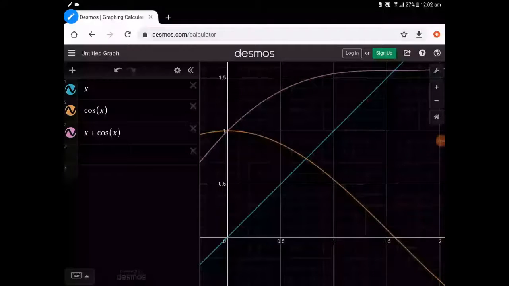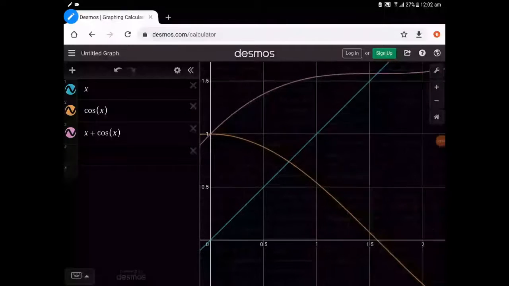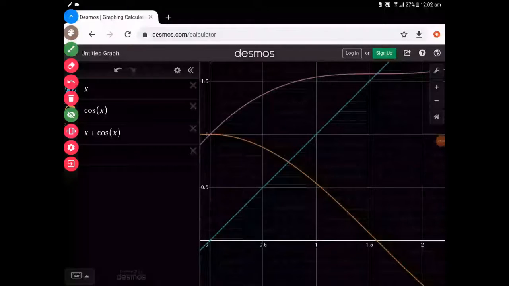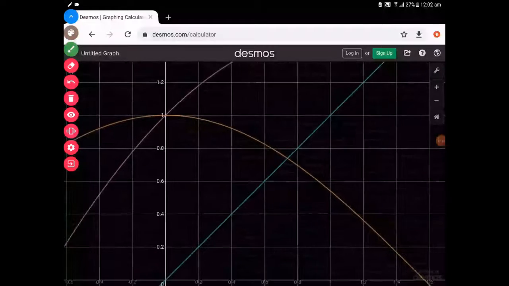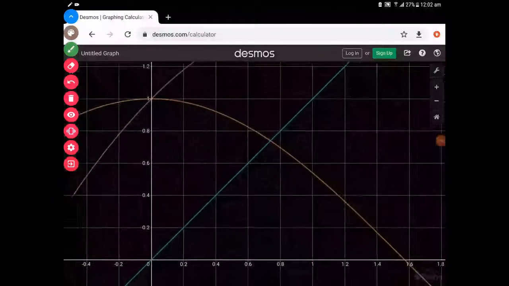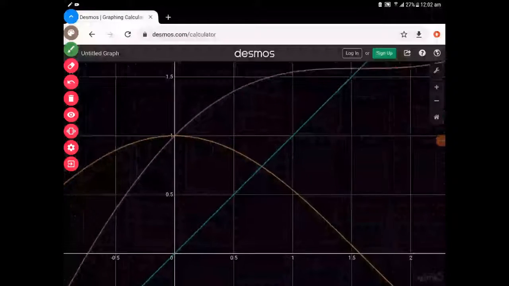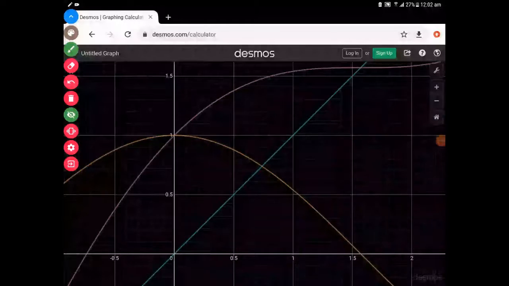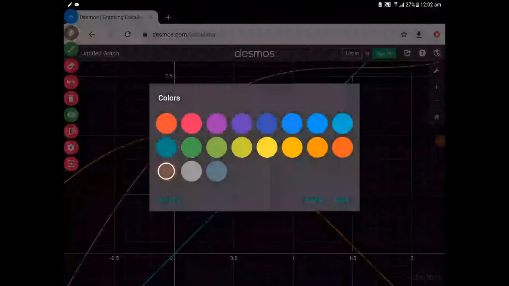Okay, now how is the x plus sine x? That is, how is this? Let me take that off. Okay, so how is this graph made? x plus sine x, how is this graph made? That I would like to give a little more explanation on.